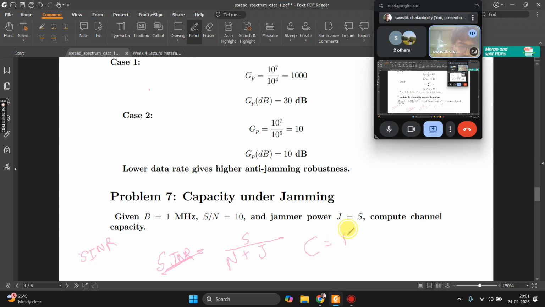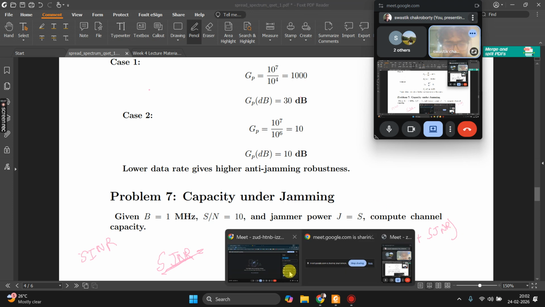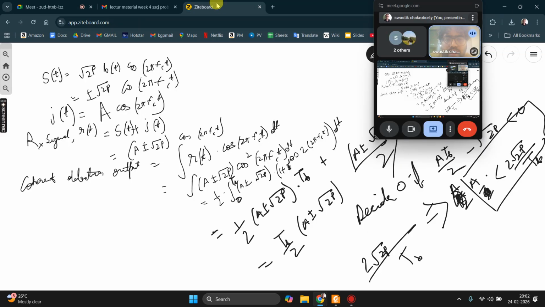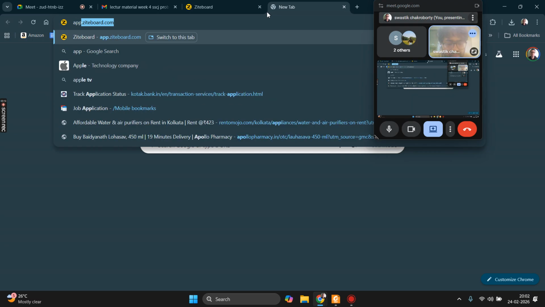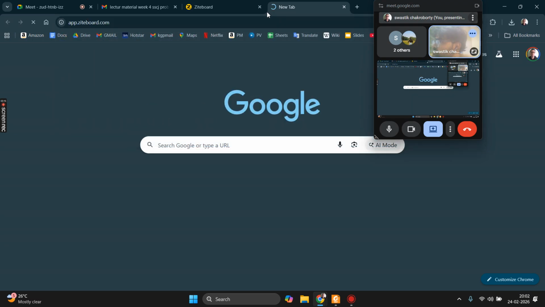The Shannon capacity will be C equal to B into log base 2 of 1 plus SJNR in this case, where C is capacity and B is bandwidth. Okay, so let's take this to a better writing space.